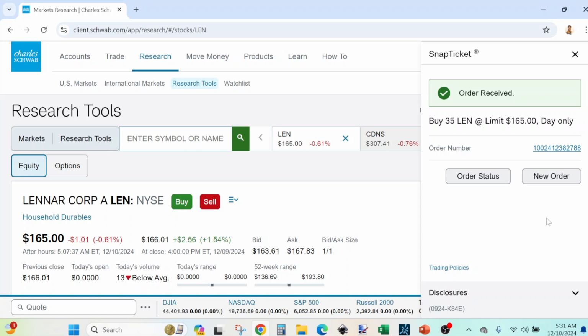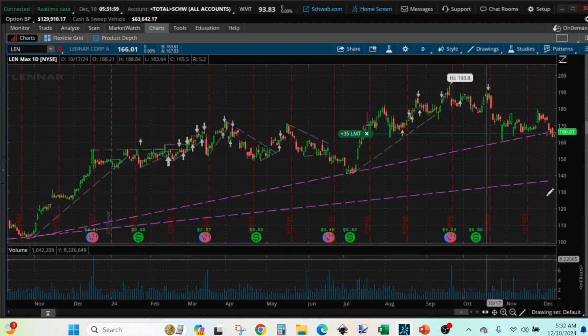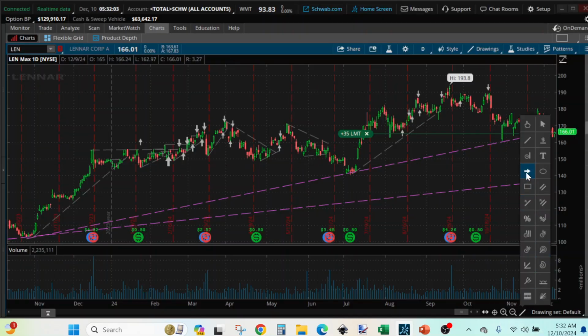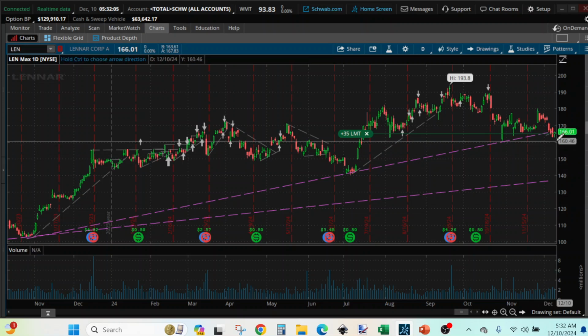So when the markets open, if the price went that low, it will buy for us. In the meantime, we'll come here and we'll put an arrow there that we placed an order for it. That is how you can buy stocks for swing trading.